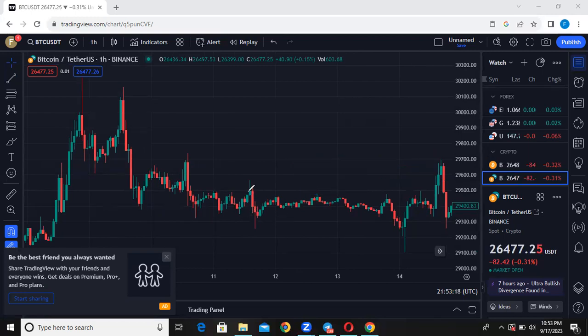I think we entered at this level. So if you could enter and set your stop loss somewhere, before the market reached this particular area, you would have made some good profit that landed you right up to this point if you entered a short. So that's just how you should be trading these various markets.